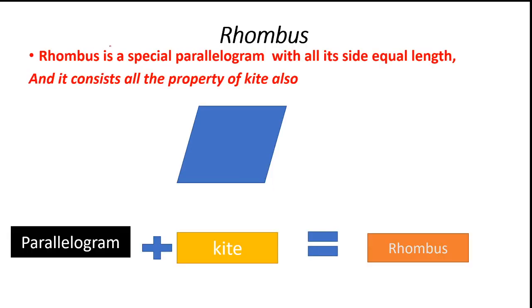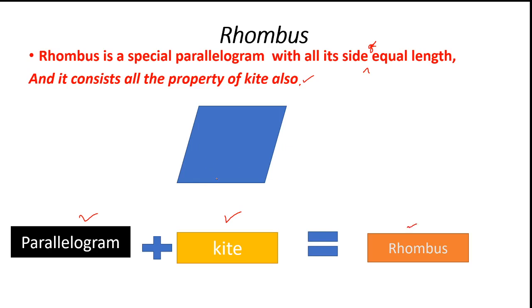First is the rhombus. A rhombus is a special parallelogram with all its sides of equal length, and it has all the properties of a kite also. That means if you add all the properties of a parallelogram and a kite, you will get the rhombus.